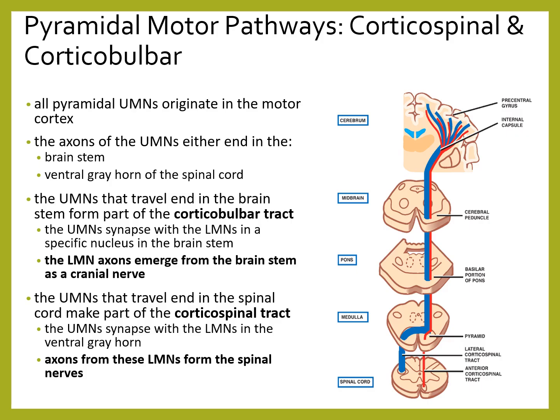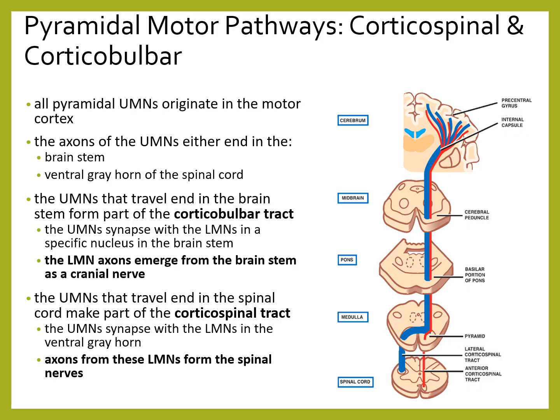Let's start with the upper motor neurons that start in the motor cortex and end in the brainstem. These upper motor neurons form part of the corticobulbar tract. The upper motor neurons are going to synapse with the lower motor neurons found in a specific nucleus of the brainstem. And then the lower motor neuron axons are going to emerge from the brainstem as a cranial nerve.